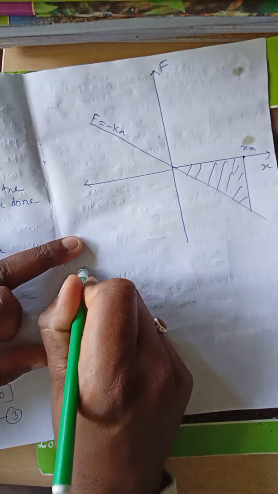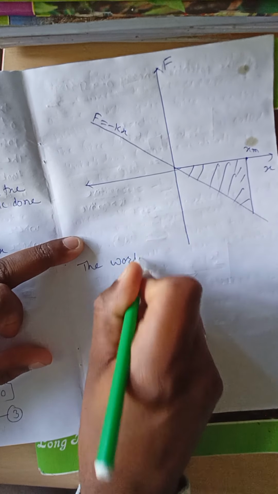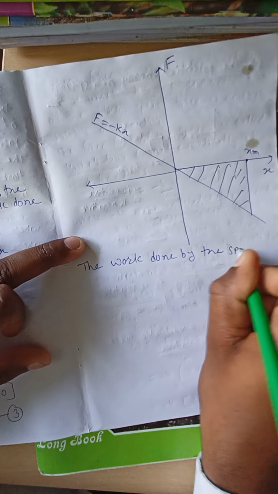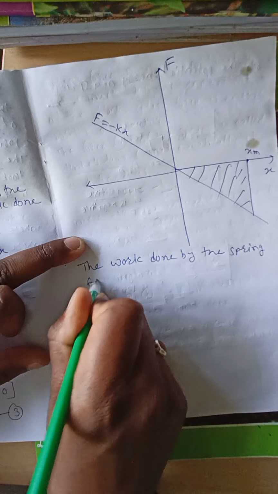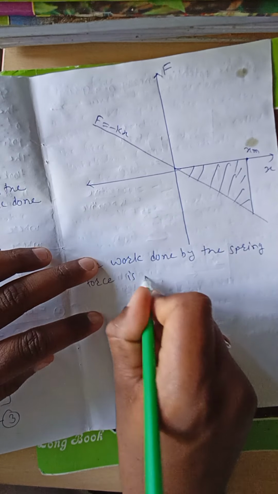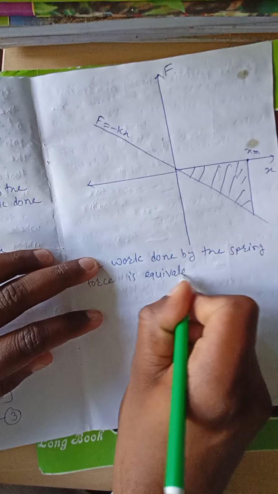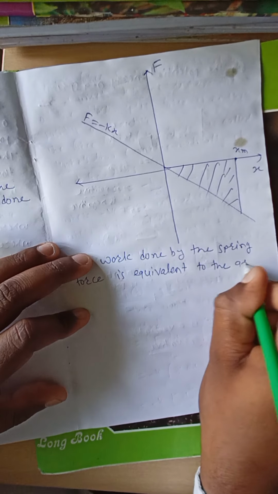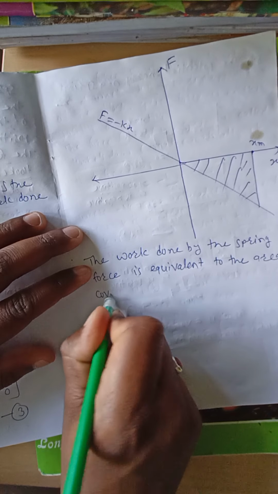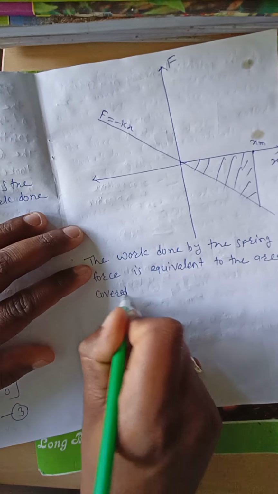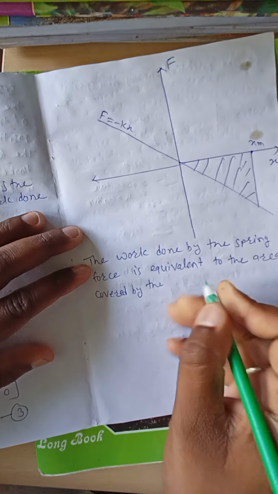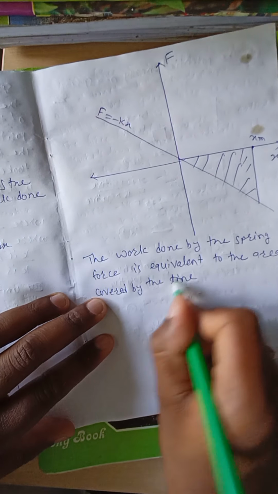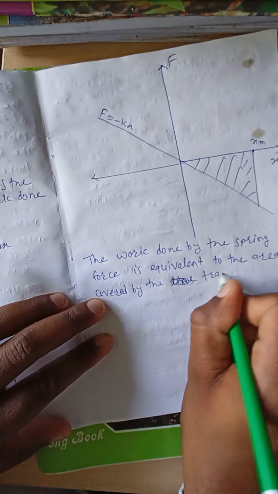Means the work done by the spring force is equivalent to the area covered by the line, or the triangle.